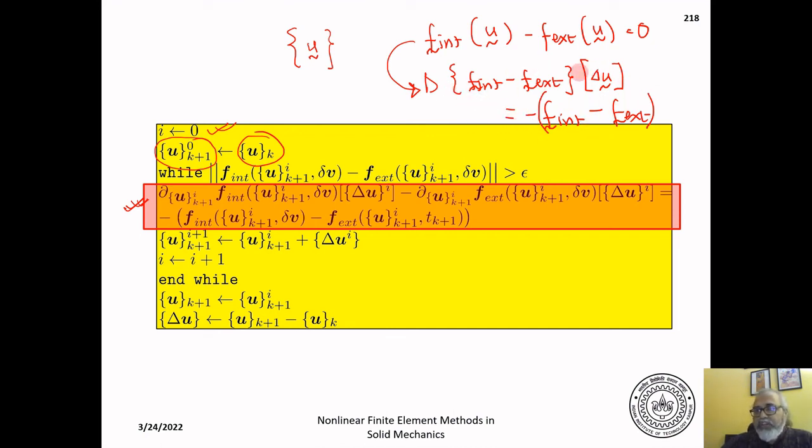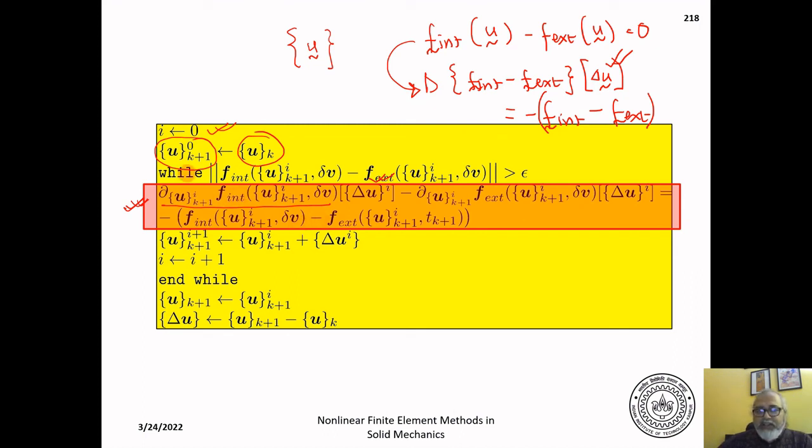This is what you will need to do in Newton-Raphson to find this delta u. So we'll find delta u for the ith iteration. We'll have to take the directional derivative at the ith iteration of u_{k+1}, the directional derivative of F internal minus F external at the ith iteration of k plus 1, and on the right hand side we have F int minus F ext also calculated at the ith iteration of u_{k+1}.